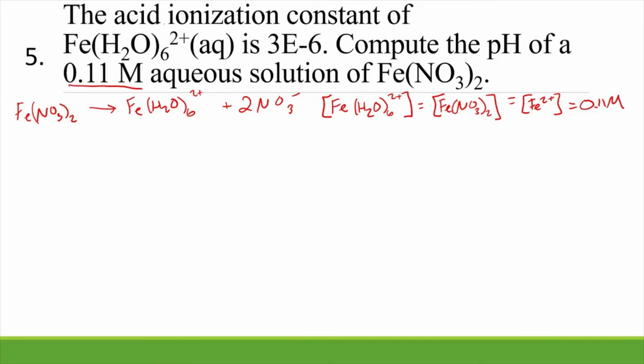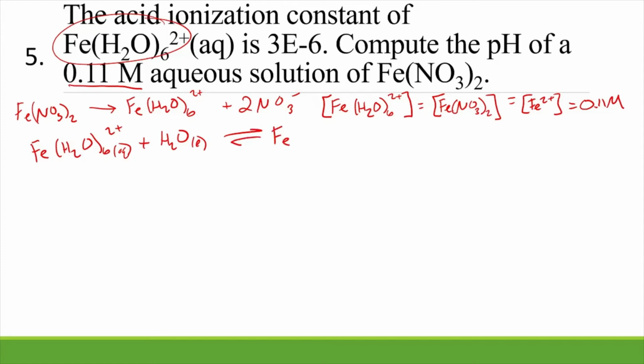So now taking the iron hydrate and water, and if you remember, we talked about when these metal hydrates form, they can actually be acidic or basic. And so what's happening here is this acts as an acid. So we have Fe(H2O)6, and it is acting as a weak acid. So we have an equilibrium.